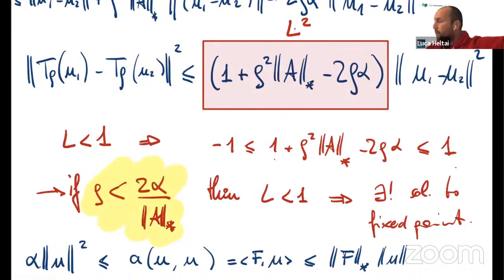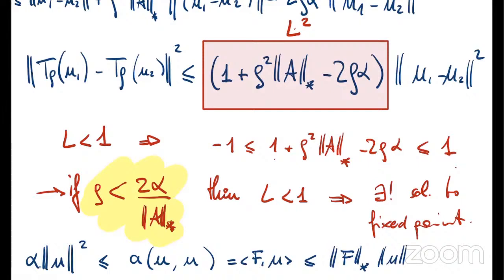If you don't choose rho smaller than this, then the function that I wrote might not be a contraction, might be an expansion, so you might not find a unique solution. But since rho is arbitrary, you can choose it as you want. So this is okay if you choose it positive and smaller than 2 alpha over A star. Does that make sense?